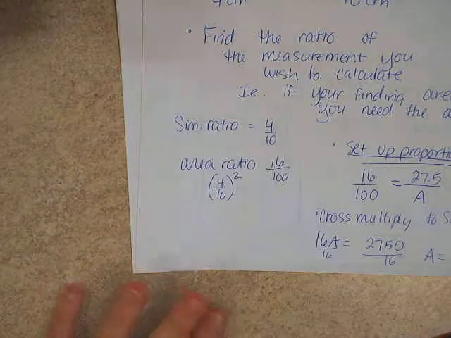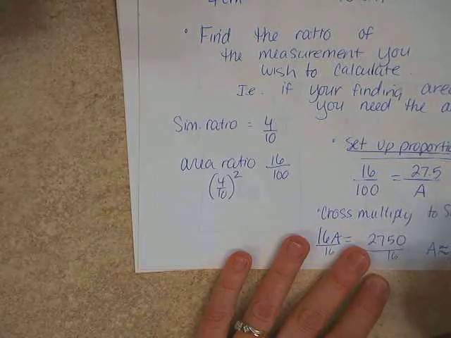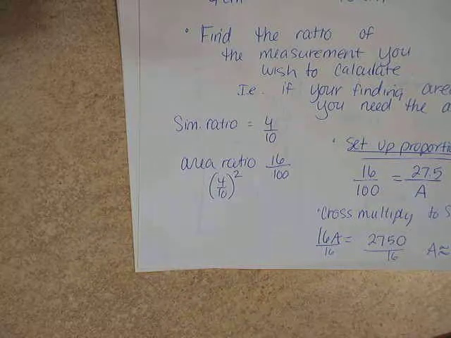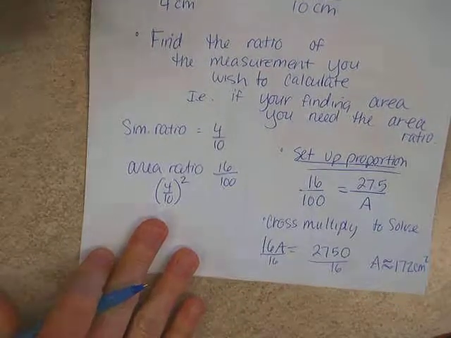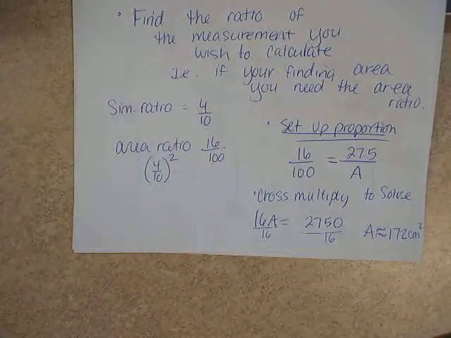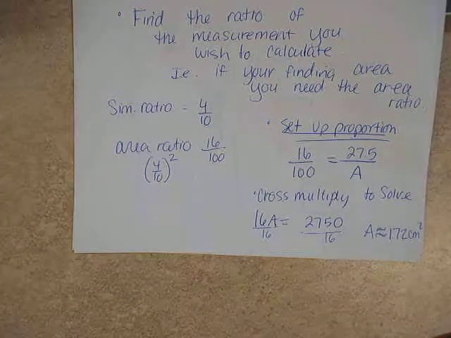Divide out 16, and A would be 171.875, and you're going to round to the nearest, it's an approximation, so round to the whole number, so about 172. And that's still an area, so it is square centimeters.